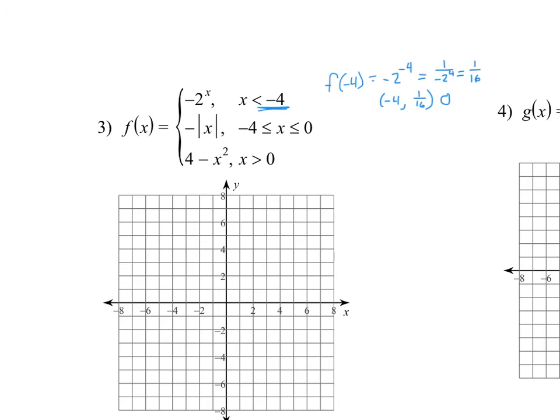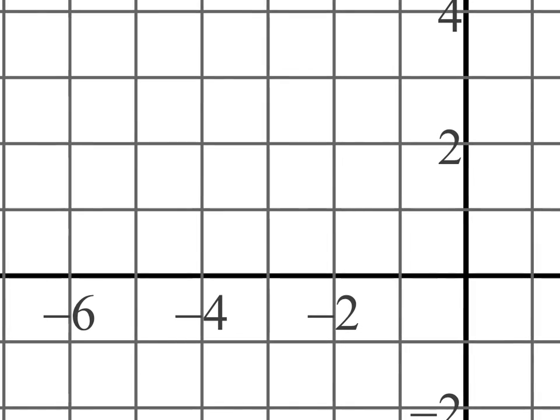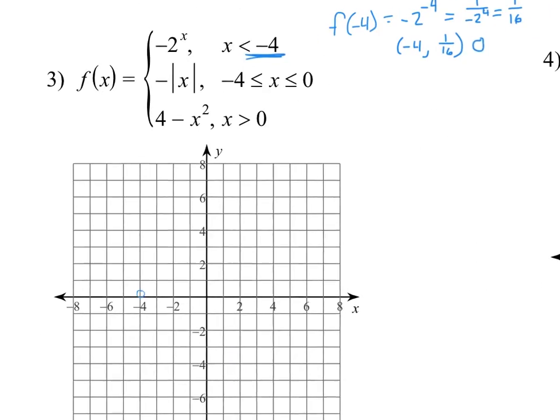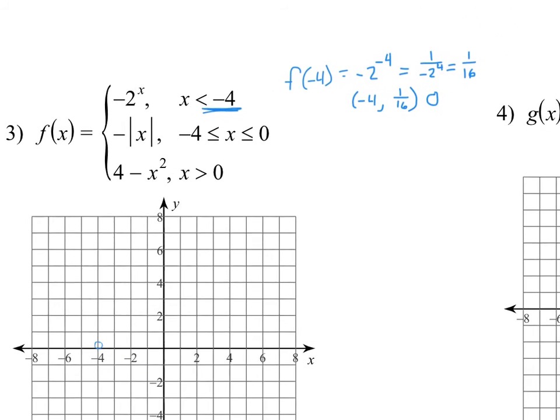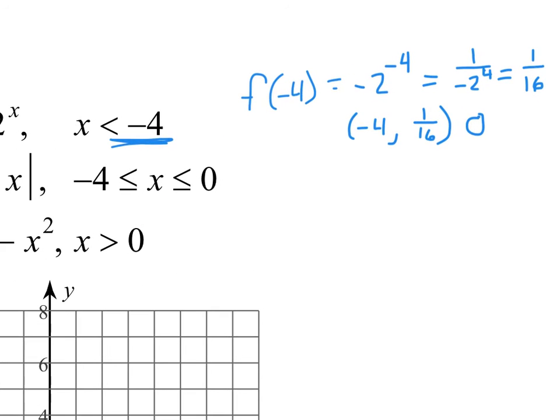So we're going to go to our graph. We plug in negative 4. And we go up 1/16, so we're going to be super close to our 0 there. So that's going to be our first point. Now we need to plug in another number that's less than negative 4, so we can plug in negative 5. So f of negative 5 would be negative 2 raised to the negative 5th power. So again, this makes it a fraction.